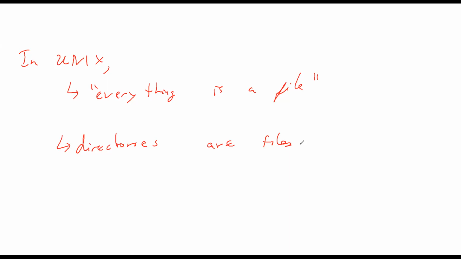Okay, so the next thing we're going to look at, which I hinted at before, is links. Links are another construct that exists in Unix. Unix has this idea of hard links and soft links, but basically, let's call them symbolic links.